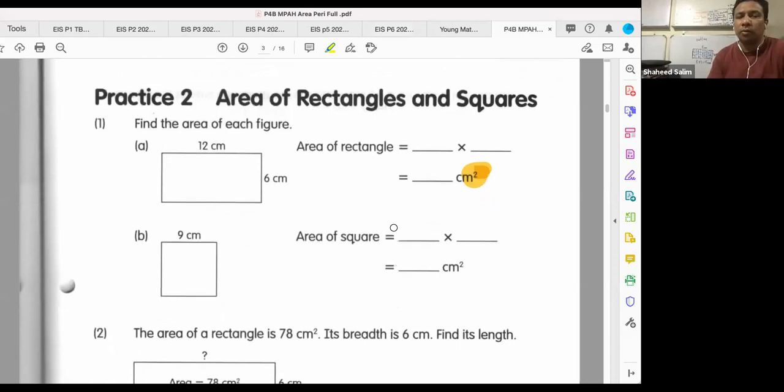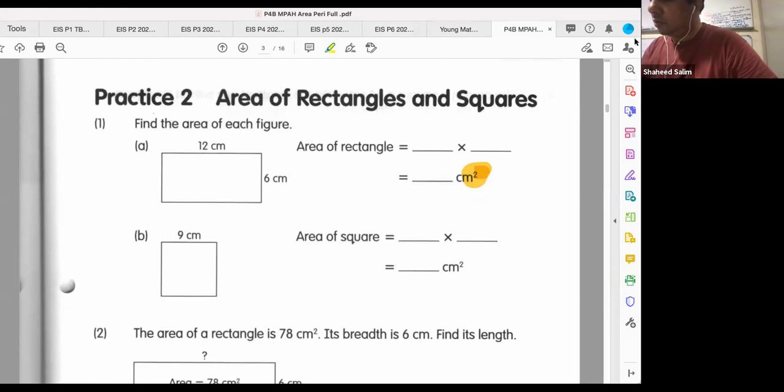Can you try now? Question 1A and B. We got an answer from 1A or 2A?